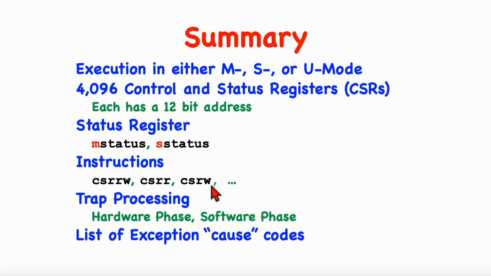Any attempt to read or modify a register that violates the privilege level will result in an illegal instruction exception. Then we looked at trap processing, showing what the core does during the hardware phase as it prepares to execute the trap handler code. And I ended by listing all the various RISC-V exception cause codes.